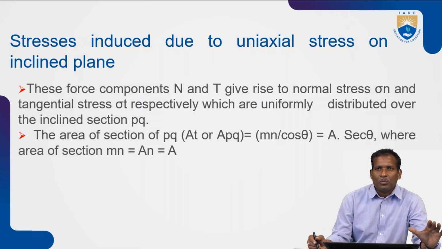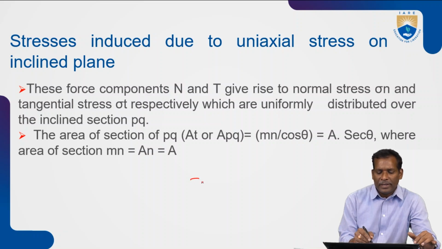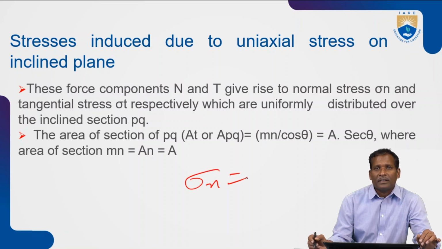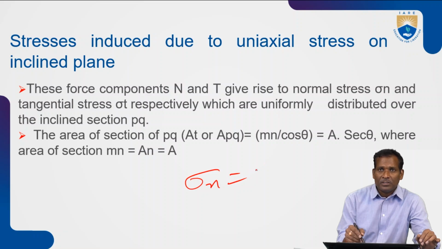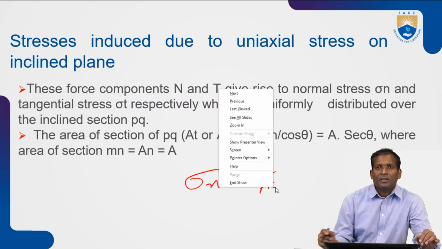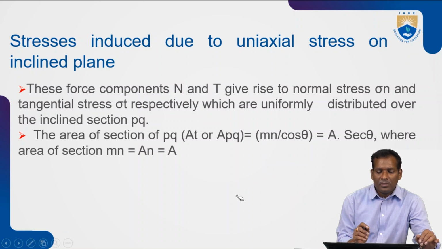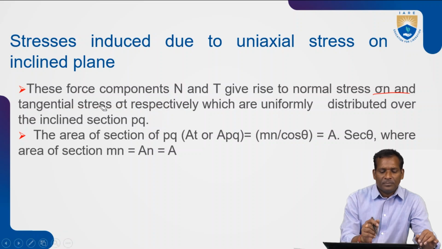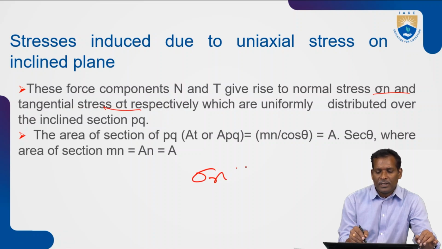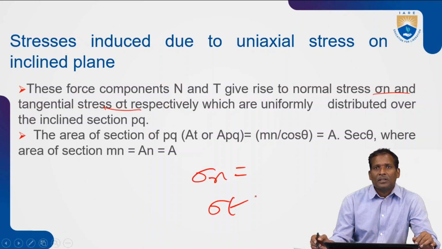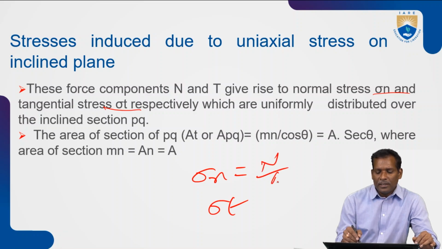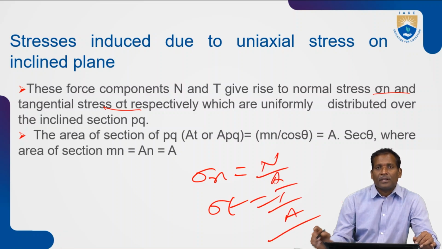So you can calculate the normal stress sigma n, which is equal to the normal force by area. Similarly, the tangential stress sigma t is the tangential force by area.